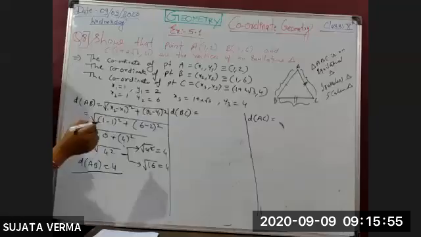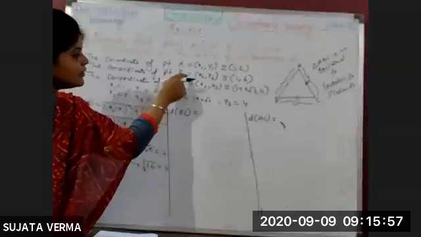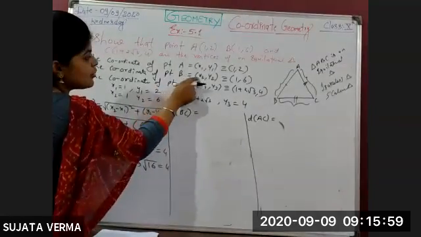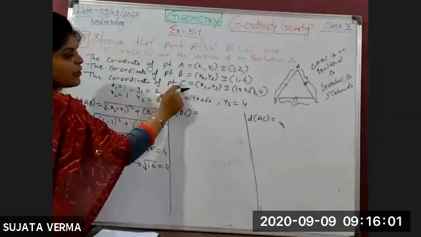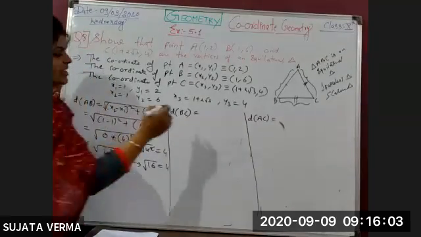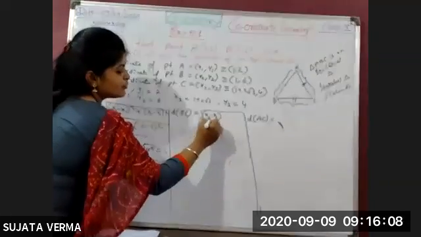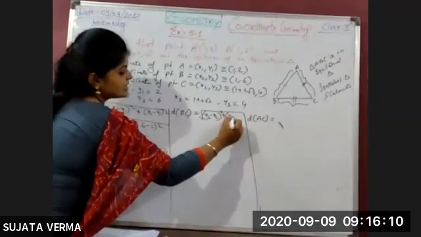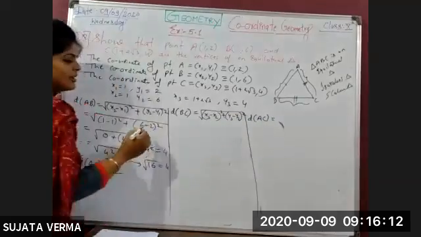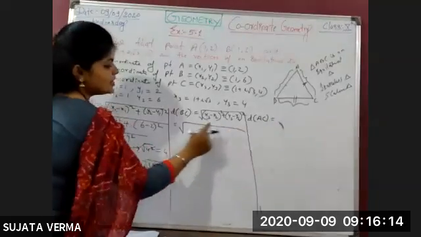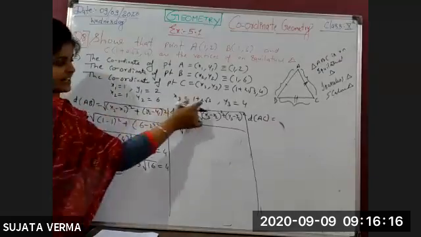Now we find the distance of BC. The coordinate of B is x2, y2 and the coordinate of C is x3, y3. Then we use the formula: square root of (x3 minus x2) square plus (y3 minus y2) square. Then substitute the values. Listen carefully.